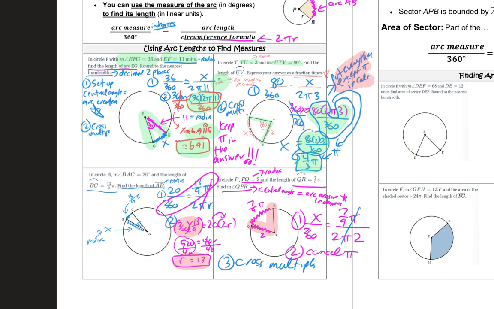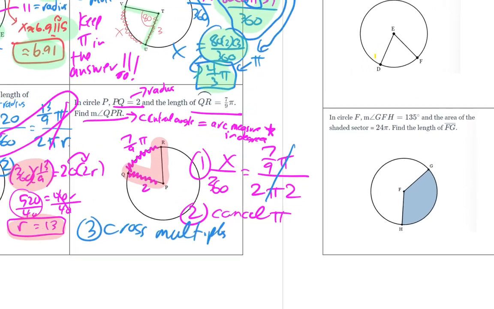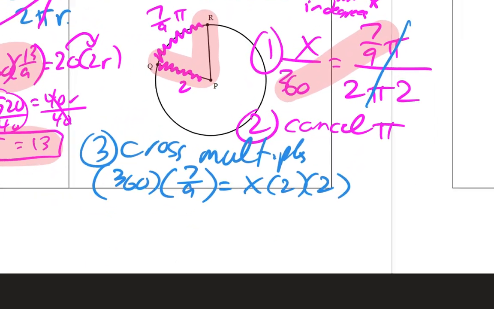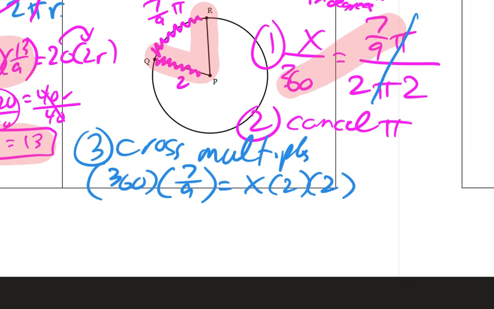So if I say 360 times 7/9, that would be 360 times 7/9 equals x times 2 times 2. You might already know what that is, but that's okay. We're just going to go across just like that.